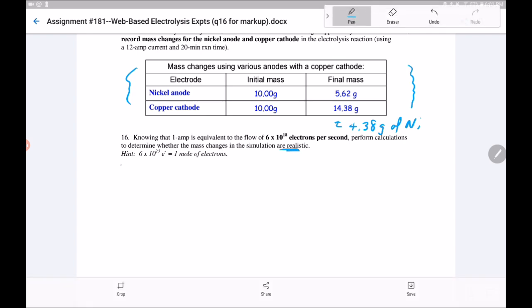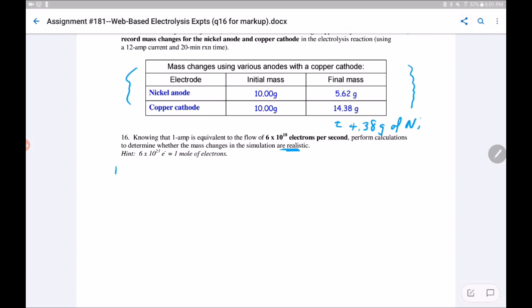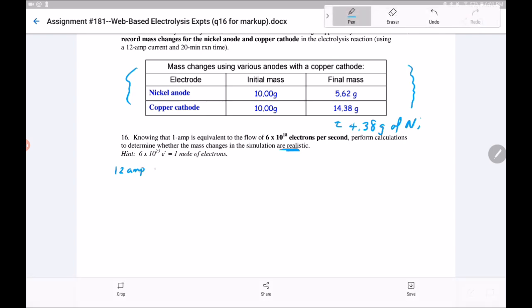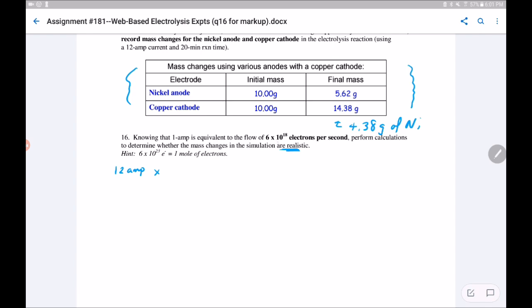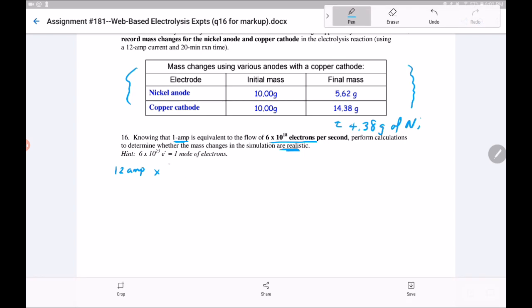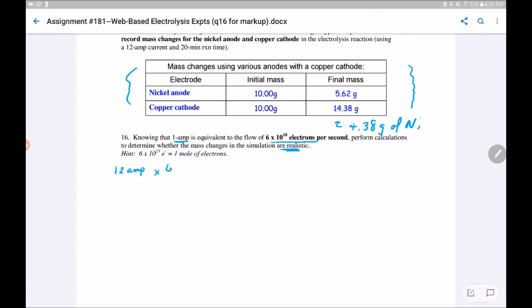All right, so you will recall that the current in the experiment was a 12 amp current. And it says here that 1 amp is equivalent to 6 times 10 to the 18th electrons per second. I'm writing this the way you should type it into your calculator.